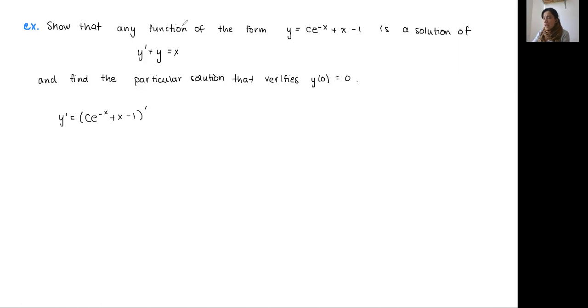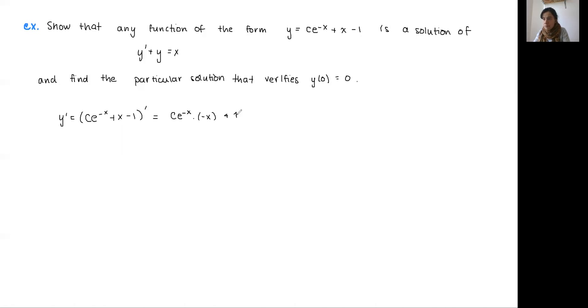Like that? Yeah. And then what is the derivative of this? So that would be c times e to the power minus x times minus x times minus x plus 1.